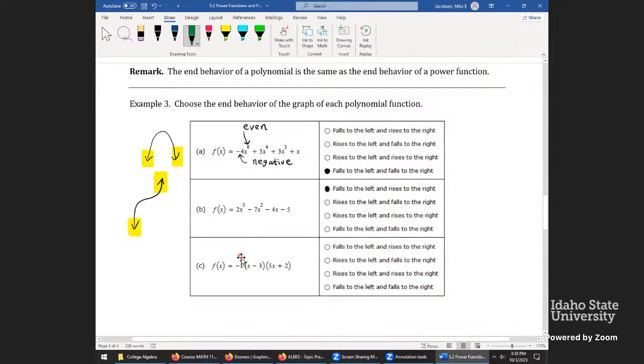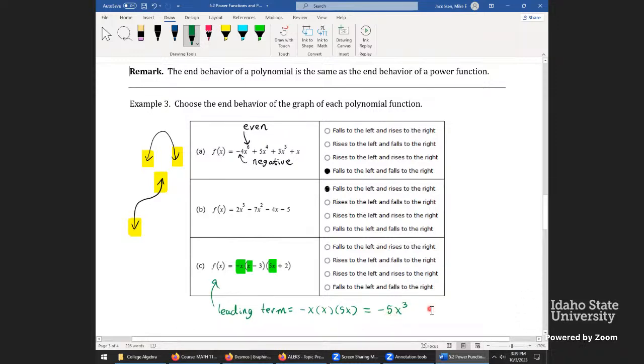If you were to distribute all of this, we would get a leading term that would come out as, first it'd be negative x times a positive x times that 5x right there. So negative x times 5x would give us negative 5x cubed altogether. So in our full expansion, there's more stuff, but that's going to be the leading term itself.